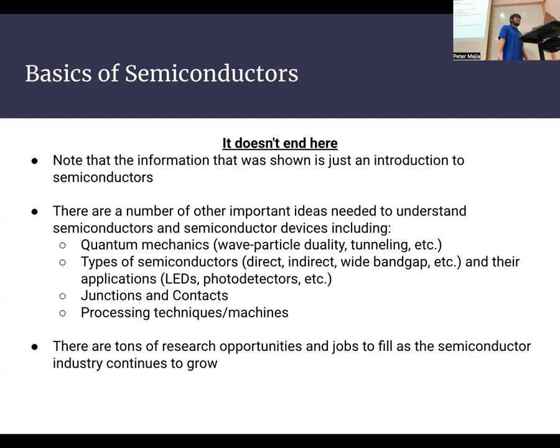Types of semiconductors: there's direct semiconductors, indirect semiconductors, wide bandgap, even ultra wide bandgap, and they have different applications. There's junctions and contacts, and they behave differently based on what materials you choose. There's different processing techniques and machines, which we'll go over a little bit next.